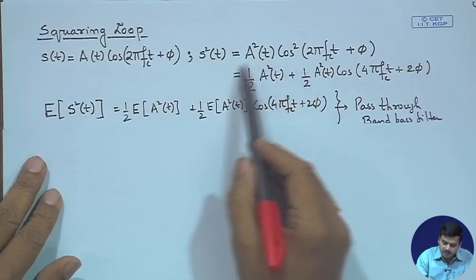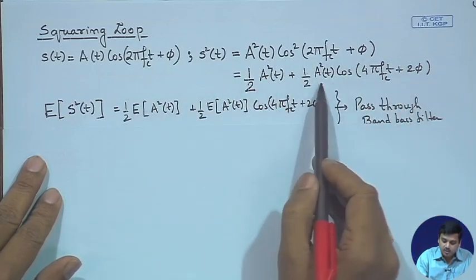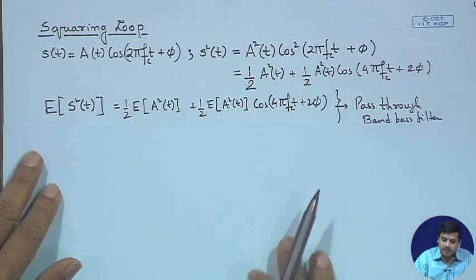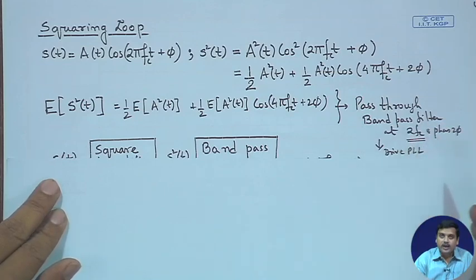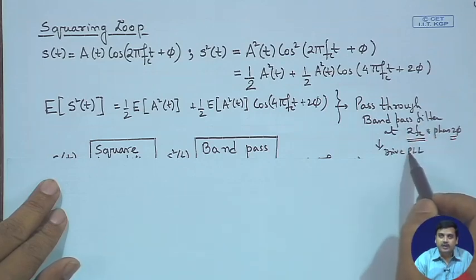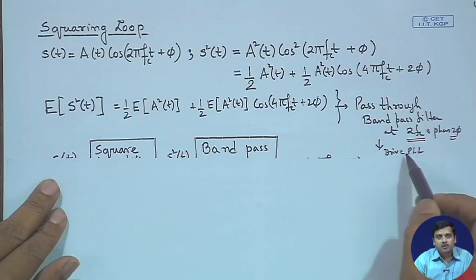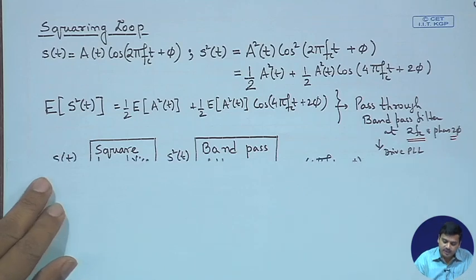This is the motivation. If you pass the average through a band pass filter, the end result will be a signal at 2 f_c and of course 2 times the phase. This could be used to drive a PLL, which we have seen before. If it drives a PLL, the outcome will be at twice the frequency. Then we can pass it through a frequency divider and get the outcome.